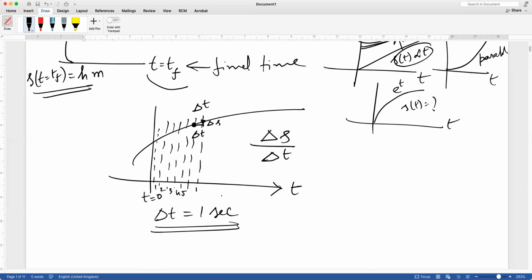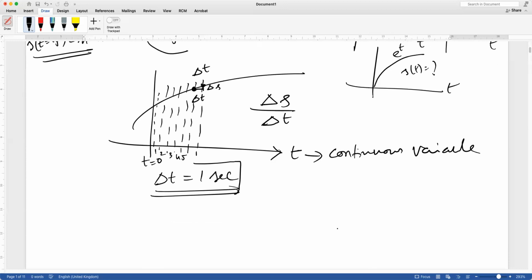Yes, sir. But strictly speaking, t is a continuous variable. Do you get that? Continuous variable. Because of our limitation, maybe we measured it every 1 second or every 0.1 second or 0.001 second, that doesn't matter. But we know that it is continuous. Do you get that? Yes, sir.